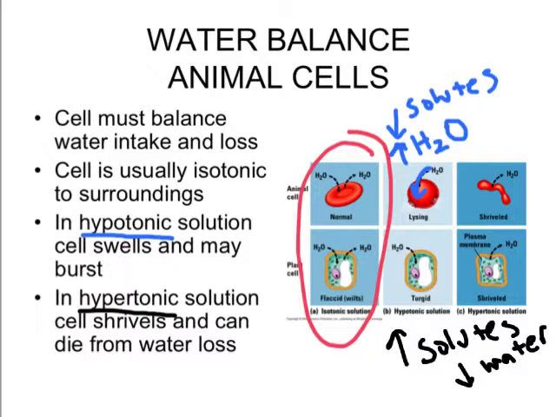The water molecules are going to go from, remember, high concentration to low concentration. There's more water molecules on the inside of the cell than the outside, then the water is going to escape and go out of the cell, shriveling it. Okay, so water balance is super important to cells. Too much water on the inside can burst them. Too little water on the inside can shrivel them up.